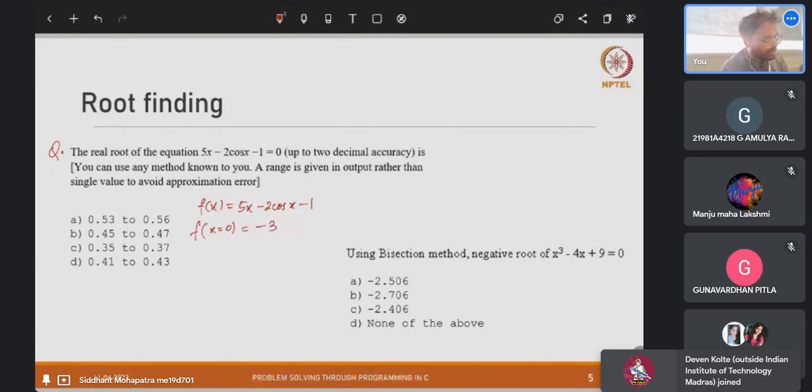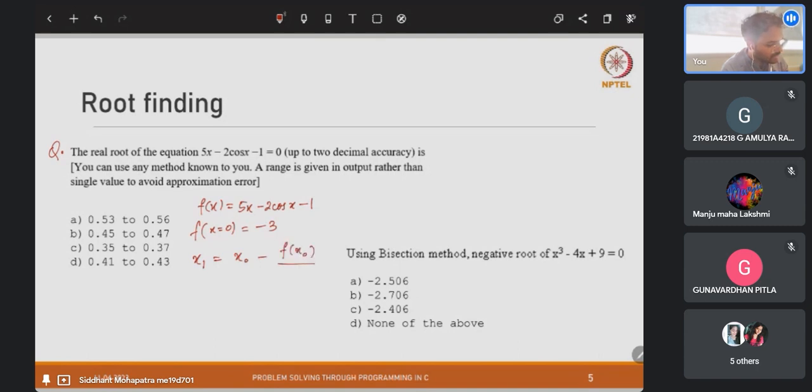We need to find the real root of the equation. So x0 was 0. Now x1 is x0 minus f of x0 by f dash x0. This is basically the Newton-Raphson formula.